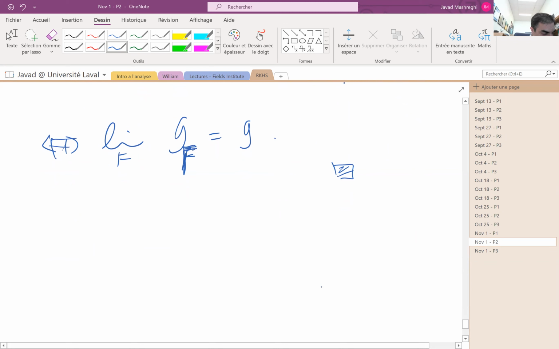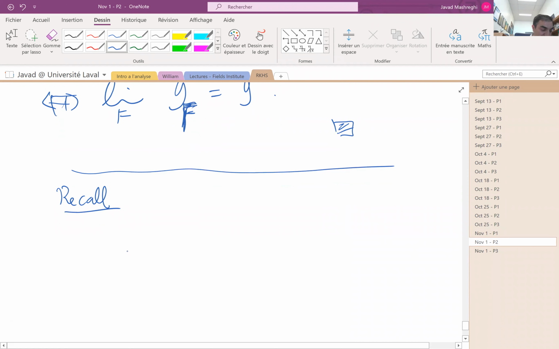Well, before our next break, let me recall the relation, or partial ordering, that we have in the set of self-adjoint matrices.